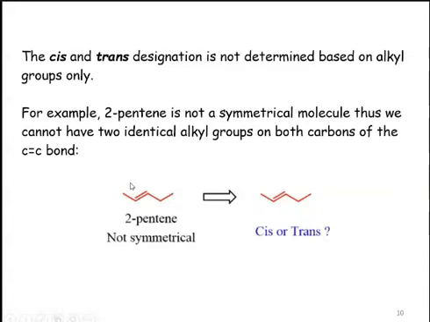Here there is a methyl group, whereas here there is an ethyl group. So the molecule is not symmetrical. In this case, what will we say: is this cis-2-pentene or trans-2-pentene?